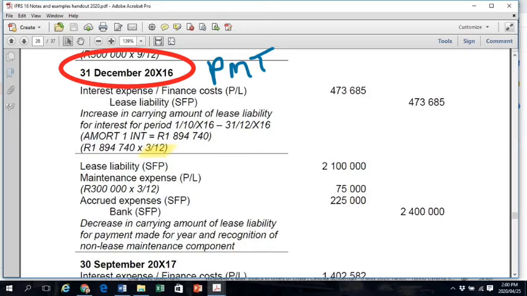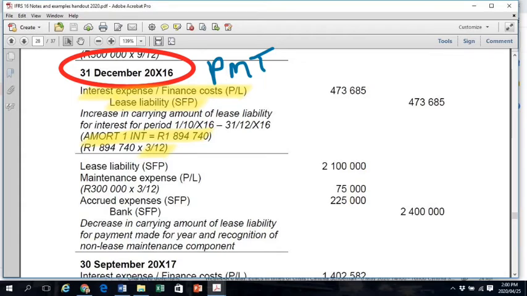So it is still the first amort period's interest apportioned for 3 months, where we recognize an interest expense through profit and loss, and we recognize that as part of the lease liability with a credit entry.